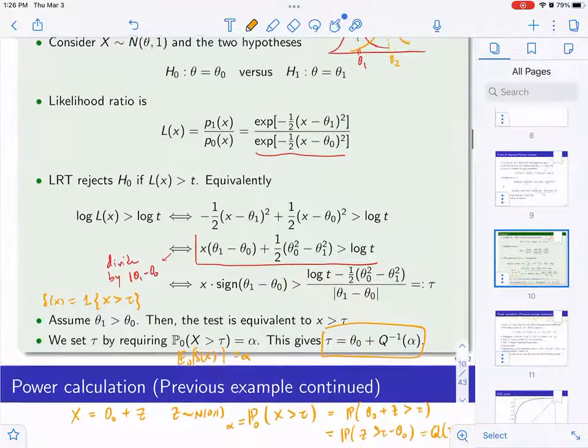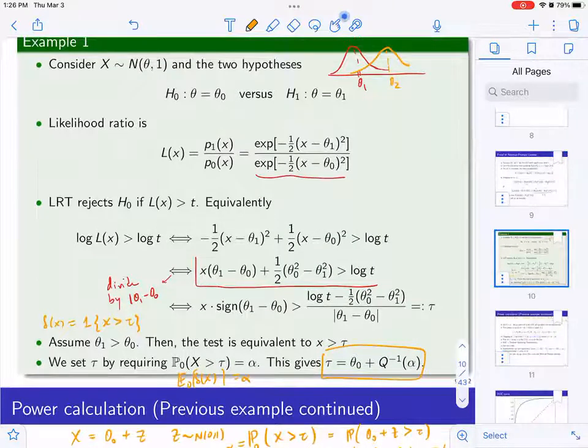So maybe before we move on, what happens if theta naught is less than, or wait, sorry, this is theta 1, this is theta naught. So what if we have the other direction? We assumed theta 1 is bigger than theta naught.